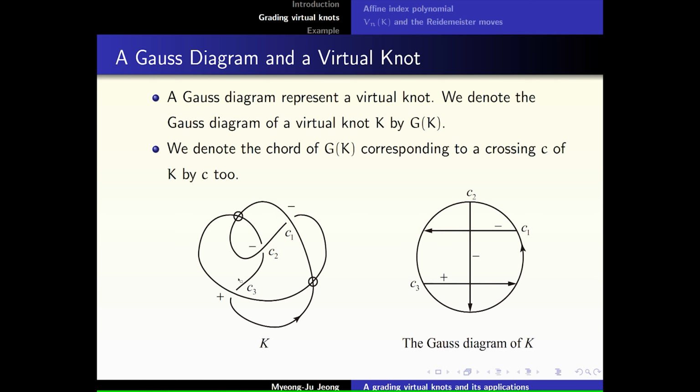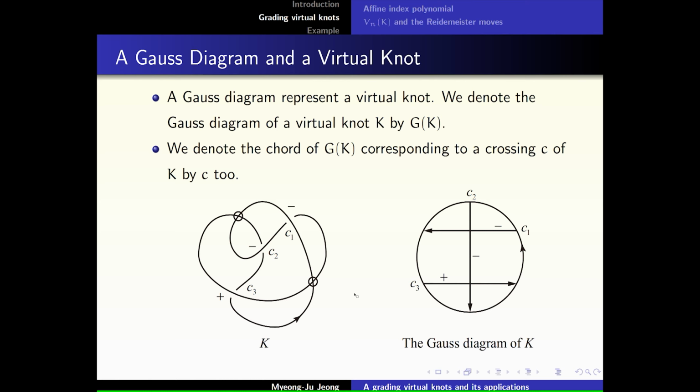The crossings have crossing signs, and for each crossing we assign a code with the crossing sign like this one. In this way, we can associate a Gauss diagram to a virtual knot. And conversely, if we have a Gauss diagram, then we can also construct a virtual knot diagram.